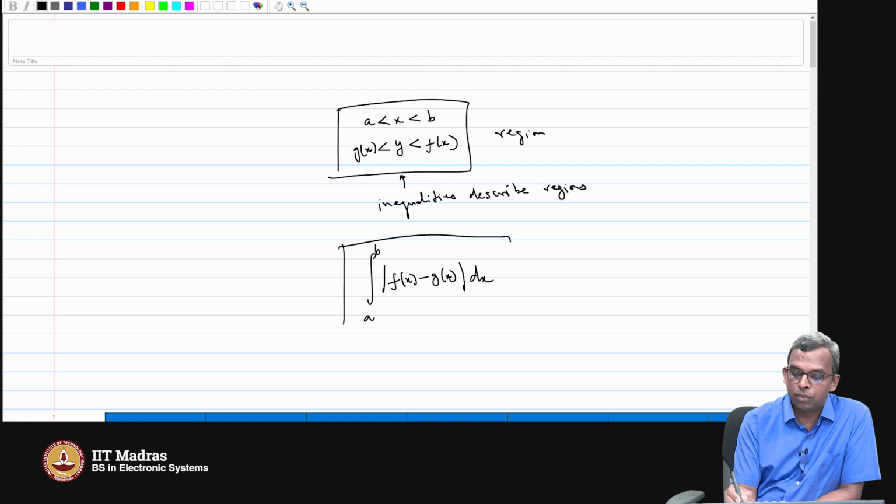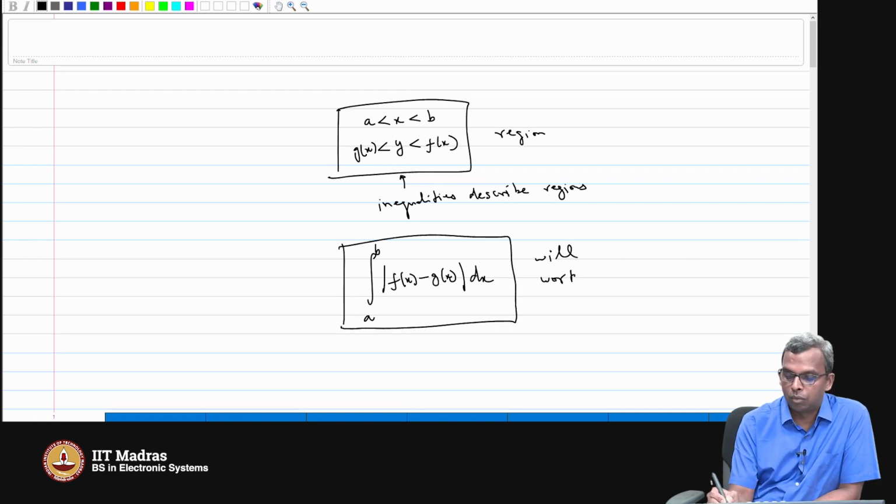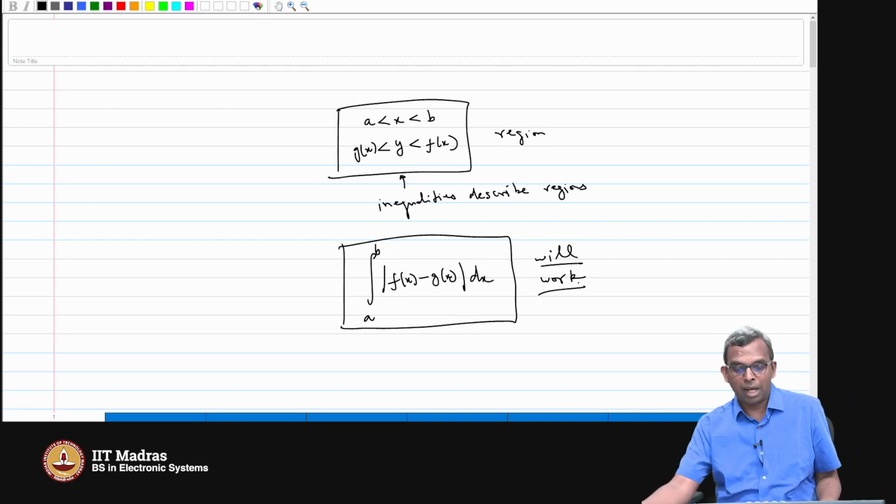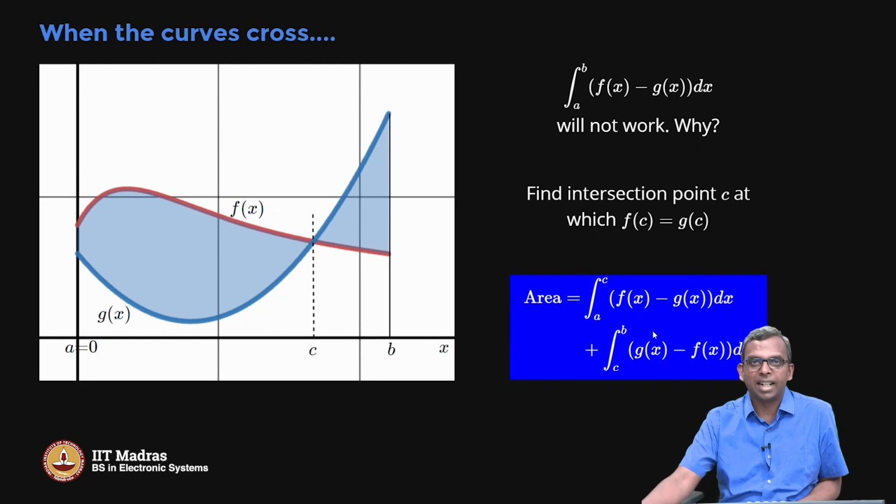Okay. So this will always work, right. There is no problem if you put the absolute value, but then if you have absolute value, you do not know how to integrate, that is a problem. So you have to find out when what is inside the absolute value is positive, and when it is negative, and use either plus or minus accordingly.